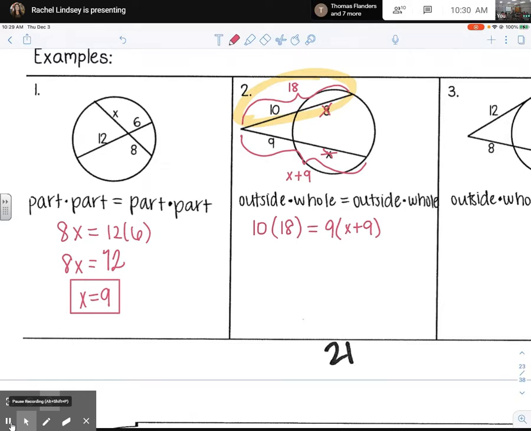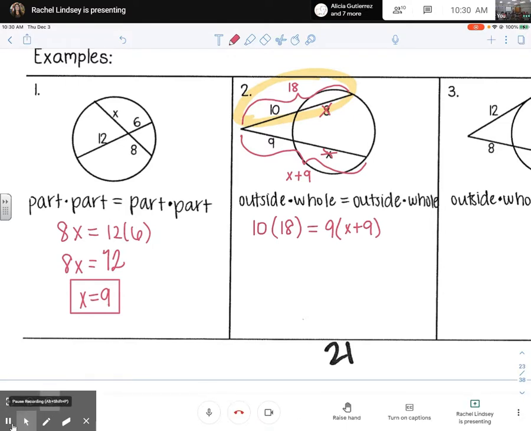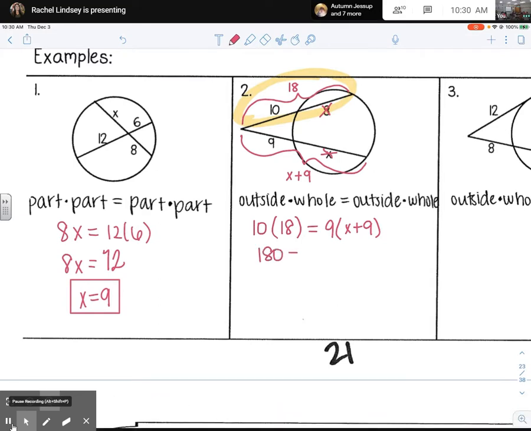So, what is 10 times 18? 180. 9 times x. 9 times 9. 180 equals 9x plus 81.